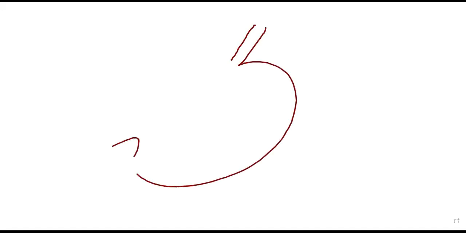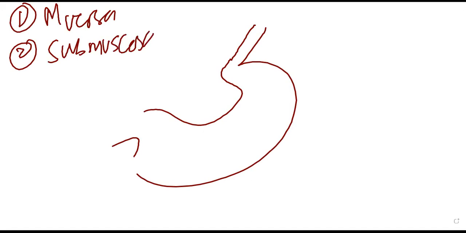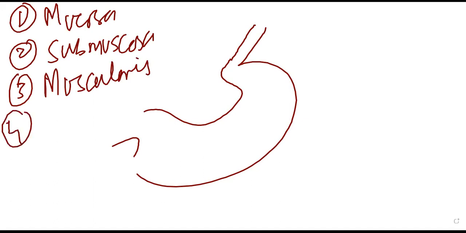So stomach is a J-shaped structure, and it is a muscular sac. The stomach consists of 4 layers. Number first one is mucosa, submucosa, muscularis, and serosa.